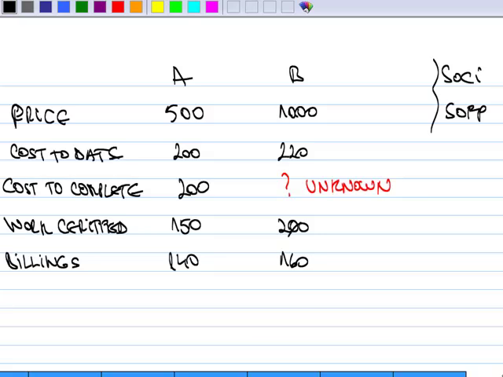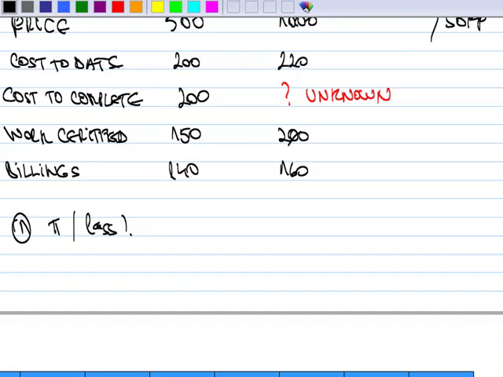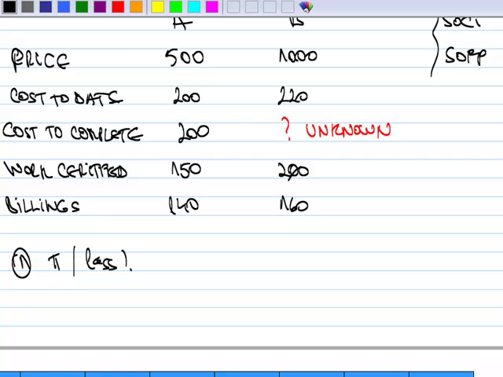And we said that the first thing is basically to decide whether or not the contract is going to be profitable or not. And in our case, basically we will have selling price of 500, cost to date plus cost to complete of 400, and therefore the profit under this contract is $100.